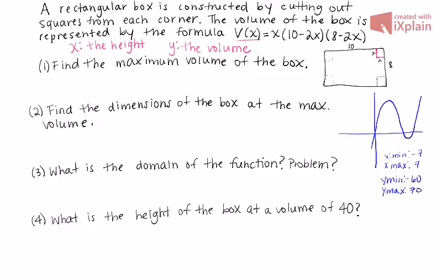So when it asks to find the maximum volume of the box, you need to look at your graph and find the maximum point. Obviously, this is a cubic function, so you're going to look for the relative maximum. The relative maximum is located right here. Since I want to find the maximum of volume, I need to look at the y value.